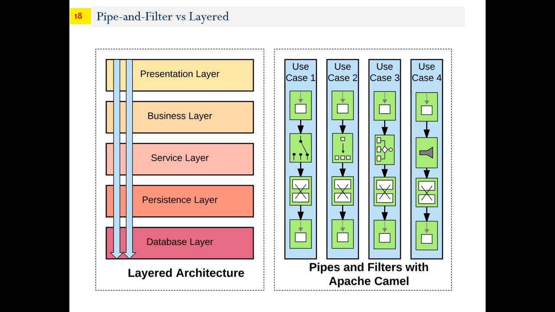And just try to see the difference between layered and pipes and filters. You can see there are several layers: presentation, business, service, persistence, and database. And here in this case, you can see there is parallelism. Use case 1, use case 2, use case 3, use case 4. They are grouped around with the pipes and filters.